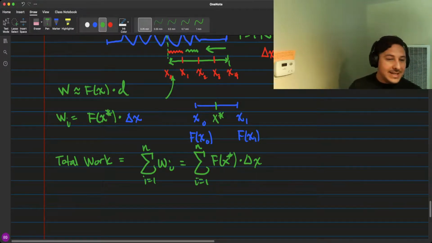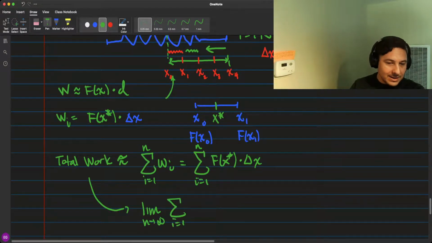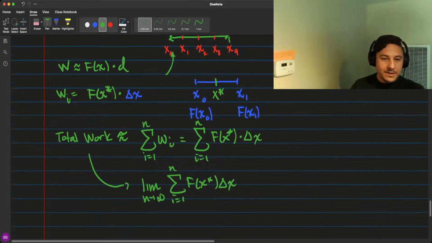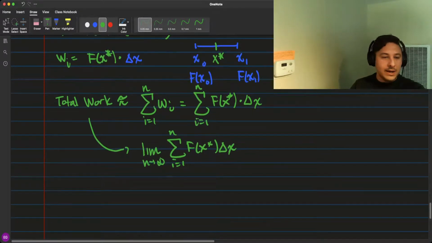So if this is the estimate for the total work, how will you get what the total work is actually equal to? Well, you take the limit as n goes to infinity of this sum of the individual works, which means that what are you going to do to get work? You're going to integrate from a to b your force function dx.